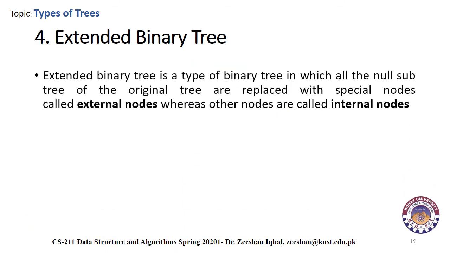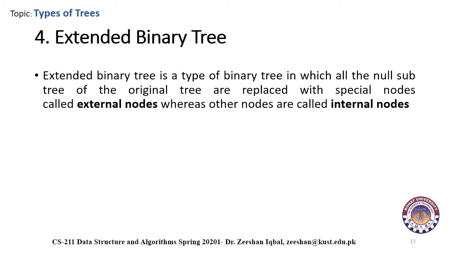An extended binary tree is a type of binary tree in which all the null subtrees of the original tree are replaced with special nodes called external nodes, whereas the other nodes are known as internal nodes. Basically, it is a transformation of any binary tree into a complete binary tree.